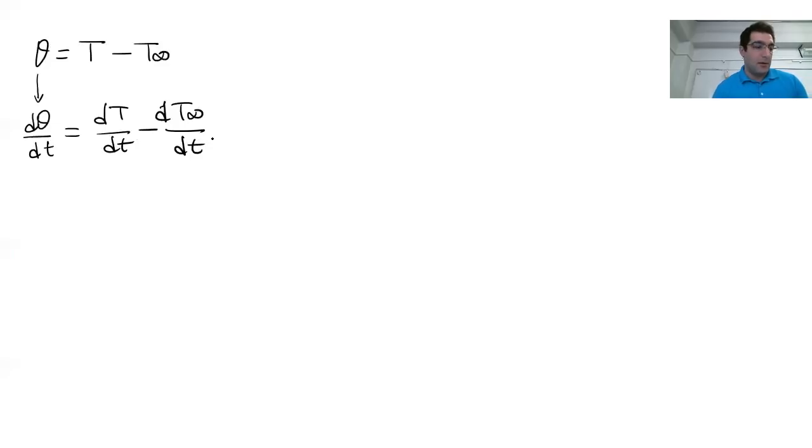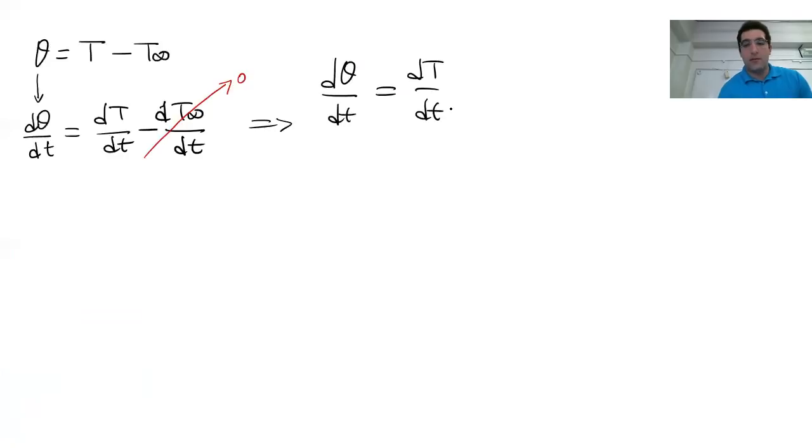Makes sense? And we know that T infinity is constant, so the derivative of that with respect to time is 0. That leads to d theta over d time being equal to dT over d time.